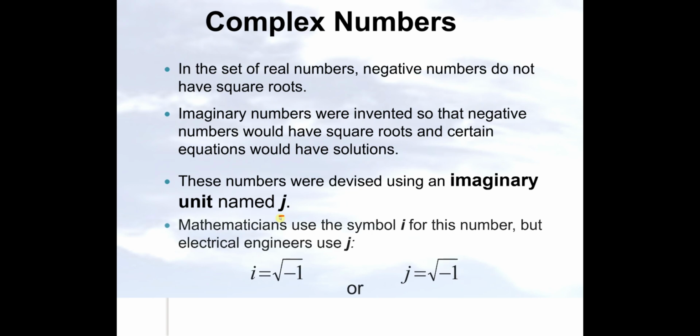You may have seen this unit before in your math class as i, where i or j by definition is the square root of -1. In electrical engineering, we prefer to use the symbol j to denote an imaginary number because we already have i reserved for the current.